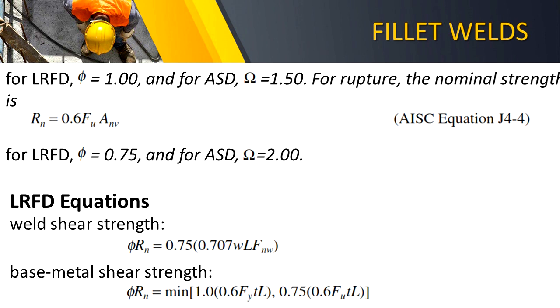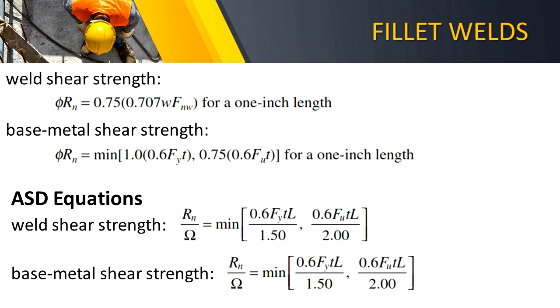For the base metal shear strength, phi Rn is the minimum of 1 times the quantity 0.6 FYTL for the shear yielding strength, and 0.75 times 0.6 times FUTL for the shear rupture strength. For a 1-inch length, weld shear strength is phi Rn equals 0.75 times the quantity 0.707 W FNW.